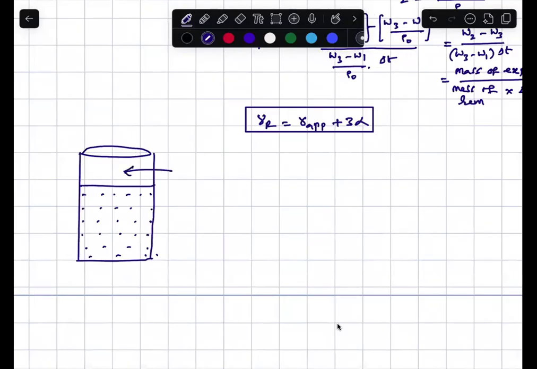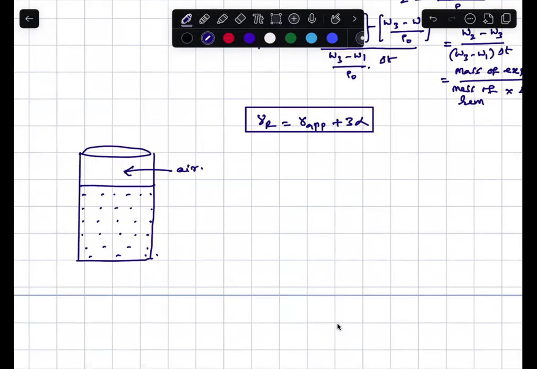Notice there is an air gap, or I can say, what you will call an air column. I am heating this container. I want the volume of the air column to be constant always.